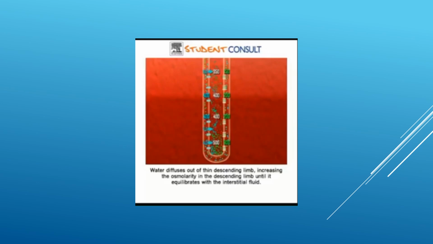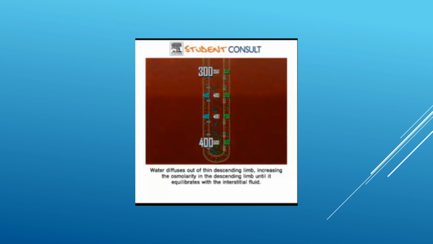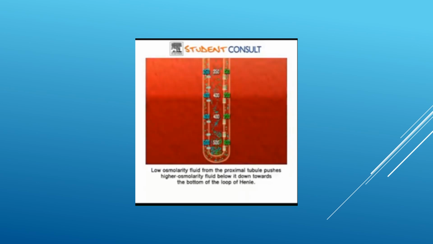Water diffuses out of the thin descending limb, increasing the osmolarity in the descending limb until it equilibrates with the interstitial fluid. Low osmolarity fluid from the proximal tubule pushes the fluid below it down the loop of Henle. Water leaves the descending limb to decrease interstitial fluid osmolarity and re-equilibrate.